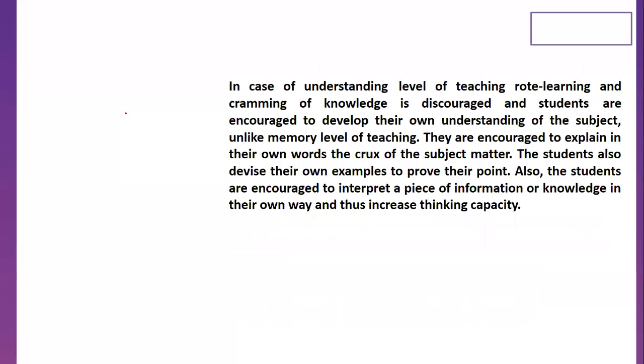In understanding level, rote learning, or cramming, is discouraged. It focuses more on understanding, explaining the terms in one's own words, with one's own examples. Students are encouraged to interpret a piece of information in their own way in order to increase their thinking capacity.